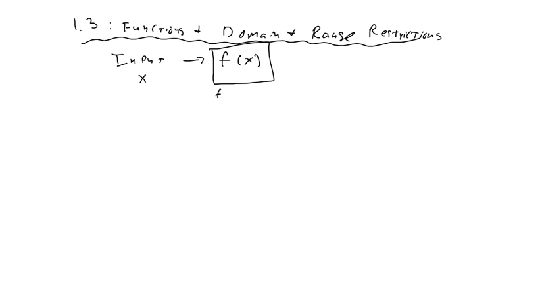You can think of a function like a machine, and then it gets an output, which is y. The input we call the domain, and the output we call the range. We talked about these last time.